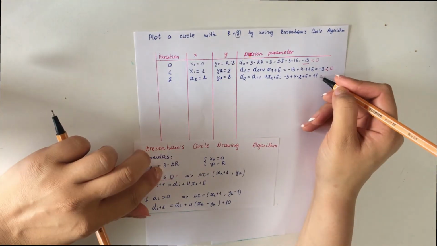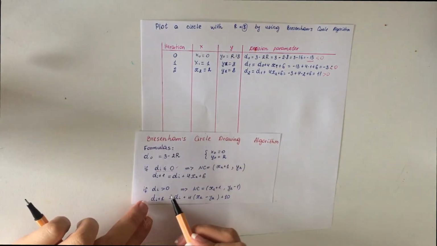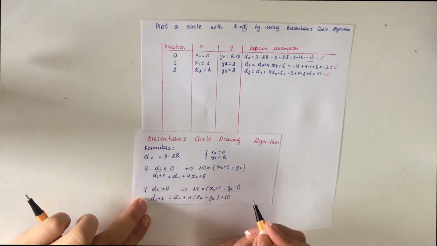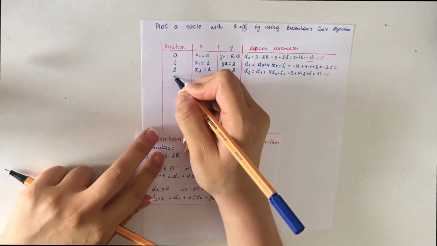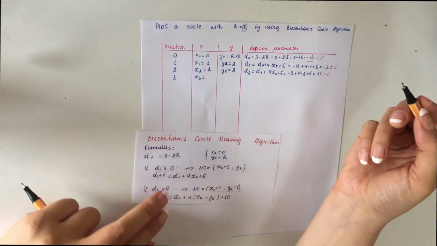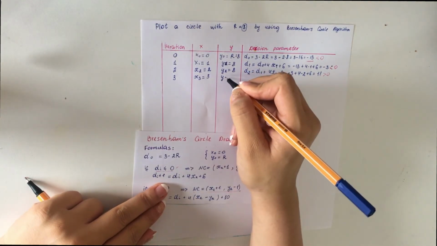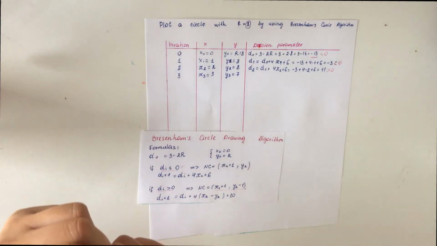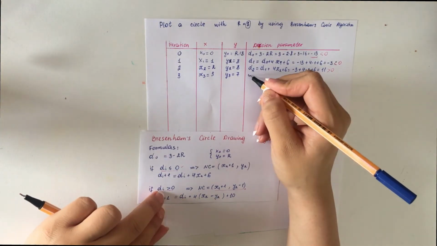As you see here, the value of the decision parameter is 11, which is more than 0. Let's check our conditions again. What happens when the value of the decision parameter is more than 0? In this case, the x coordinate will increase by 1 again, but the value of the y coordinate will decrease by 1.